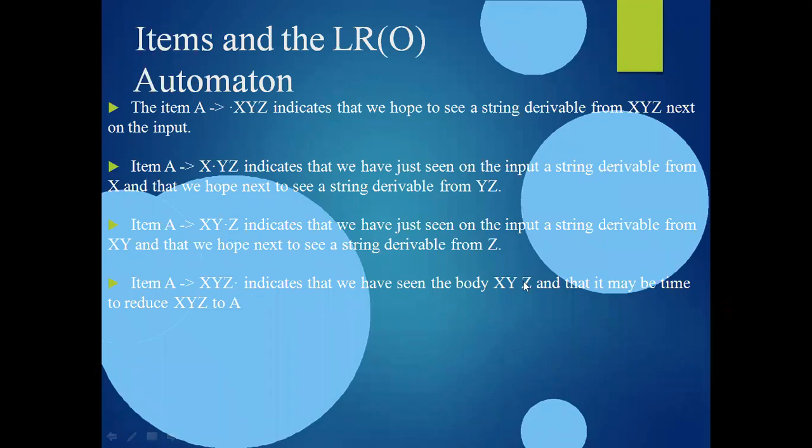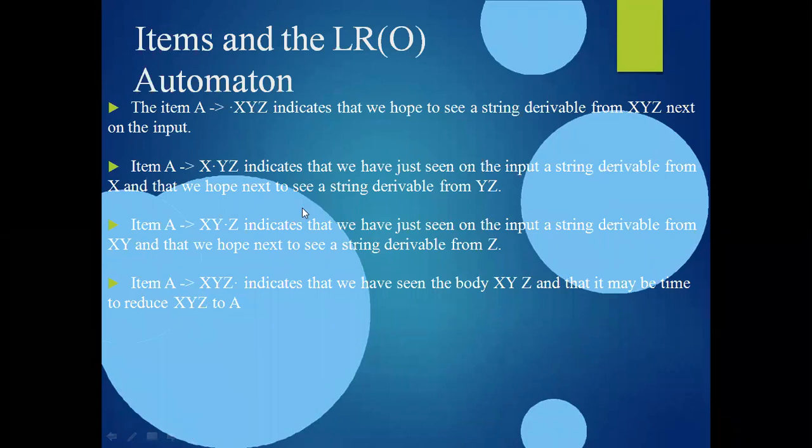And here what it means is that we have seen the body XYZ, and it may be time to reduce XYZ to A. The right hand side of the production rule is replaced by its corresponding left hand side. So this right hand side is replaced, we are reducing it by replacing it with its corresponding variable A, right?